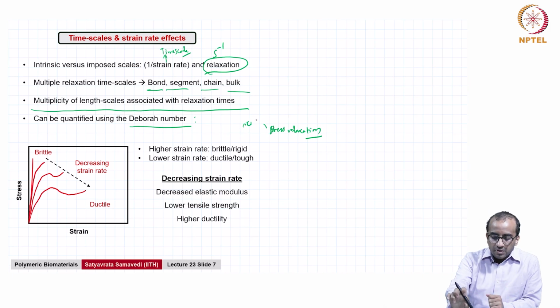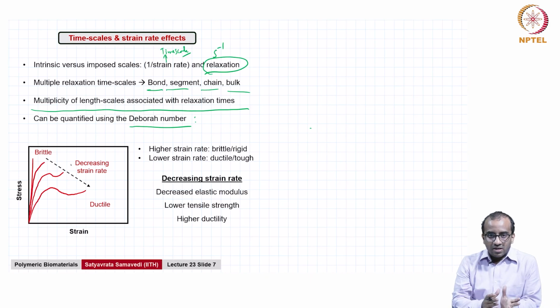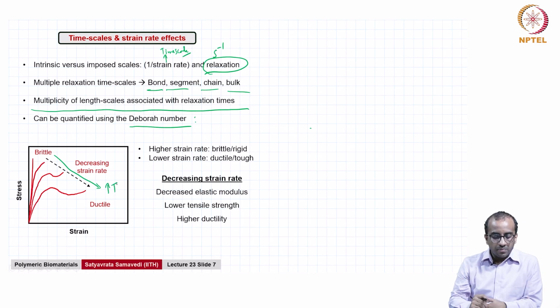Now, if you think about these two, what you see is this is a plot that we have looked at earlier, where we saw that if you go from here to here, we said increasing temperature, right. So, temperature goes up as you go from top to bottom.